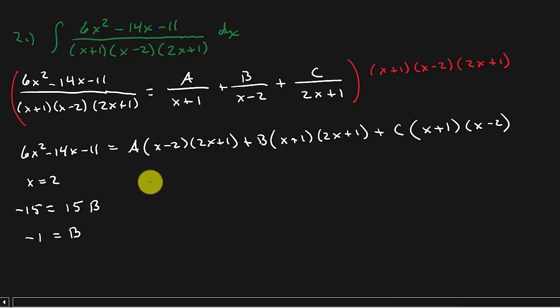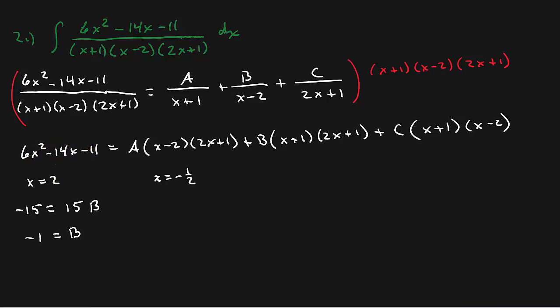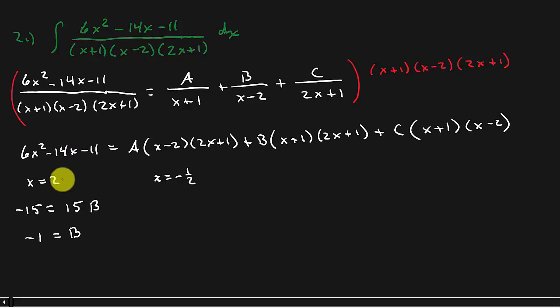All right, so now let's look at x equal negative 1/2. So for x equal negative 1/2, let's plug the negative 1/2 into here. When I plug the negative 1/2 into this one, I get negative 5/2.